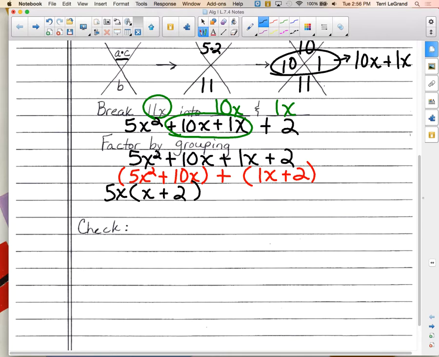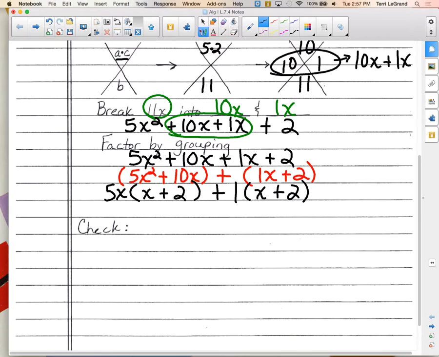That's that group. This group's got its own GCF. What's its GCF? 1. The only thing they have in common is a factor of 1. What's the result? 1x divided by 1 is x. 2 divided by 1 is 2.